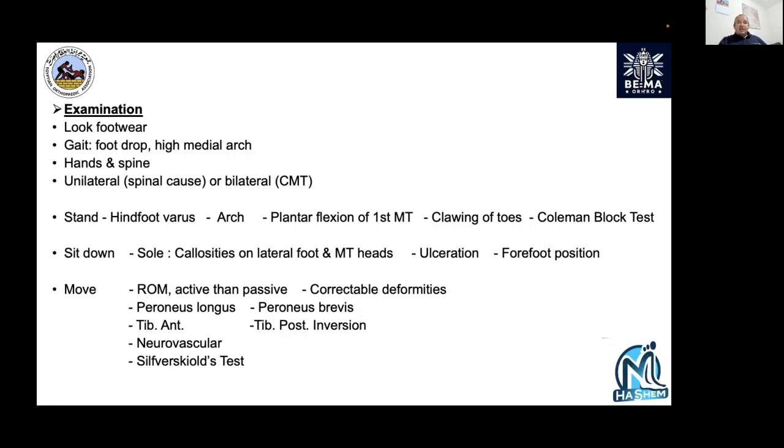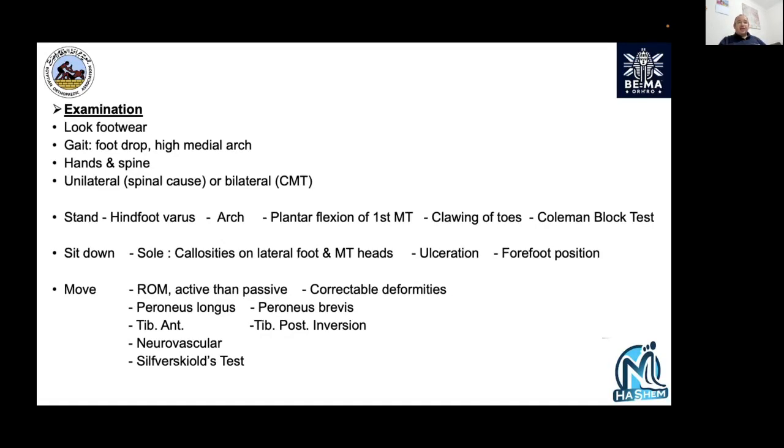Or the other way around: even if you raise the first ray, the deformity of the hindfoot will not correct, and this gives me one of two meanings: either the deformity is hindfoot driven, not forefoot driven, or the deformity is forefoot driven, but the hindfoot has become arthritic and is not supple anymore.